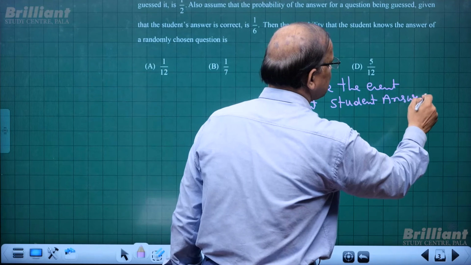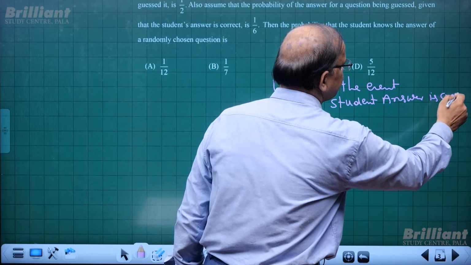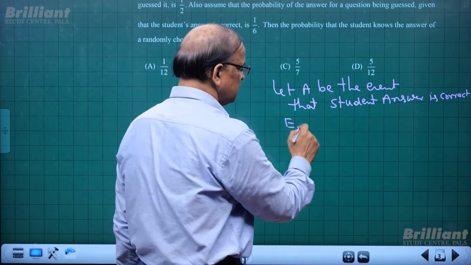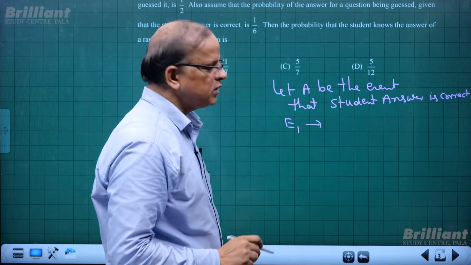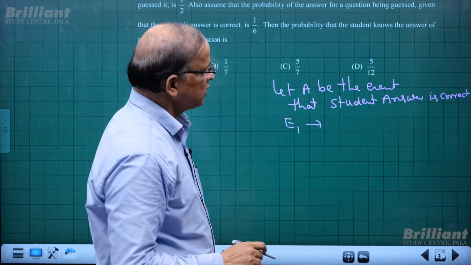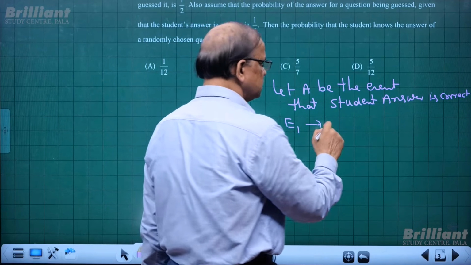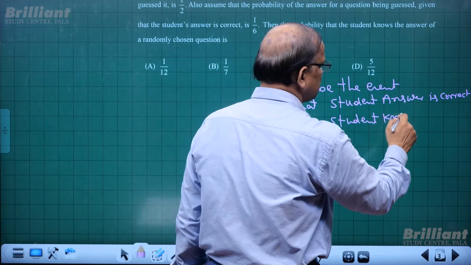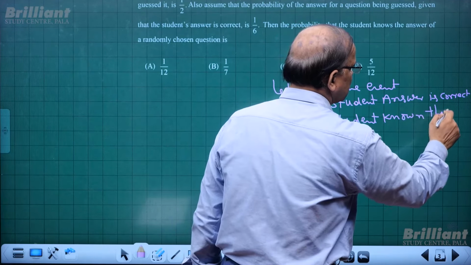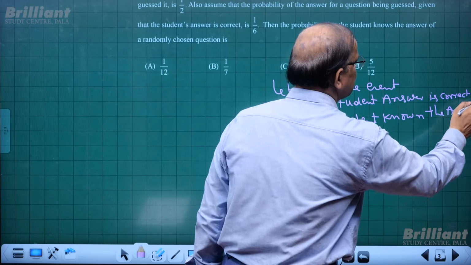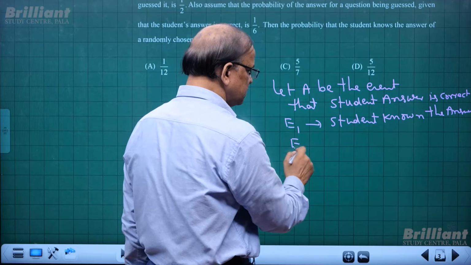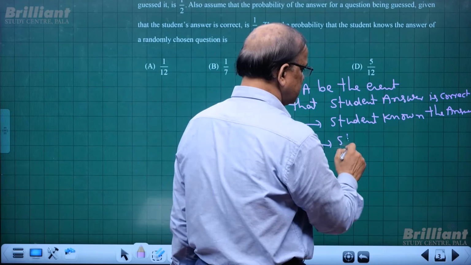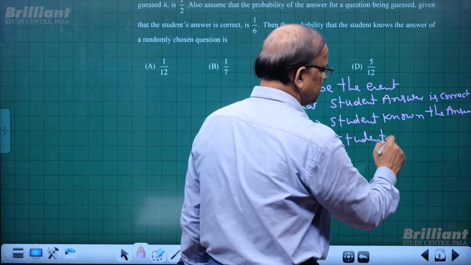Now suppose E1 is the event that the student knows the answer, and E2 is the event that the student guesses the answer.